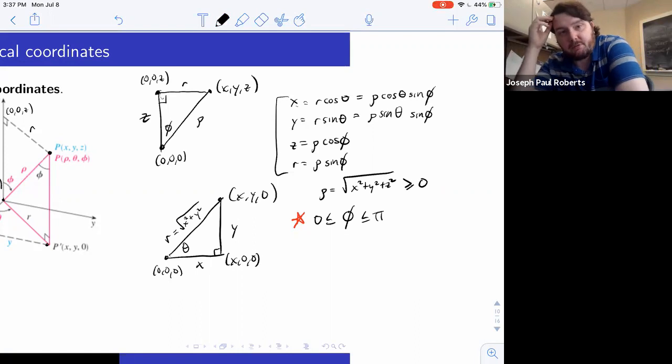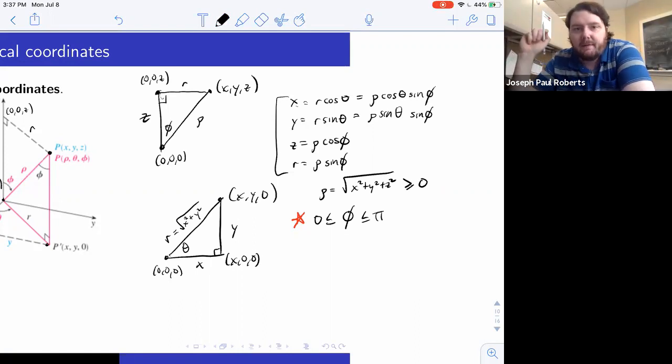In certain situations, you might let theta go outside of that range, and that's the same thing here for theta in spherical. But phi is quite different: we're always going to keep it between 0 and pi, no matter what. There are two reasons for that, which I'll get into in a few minutes. But as soon as possible, in your mind, think of phi as always being between 0 and pi, never anything else.